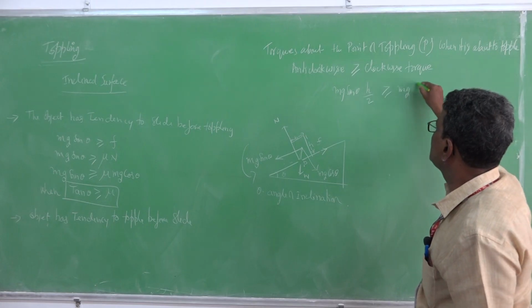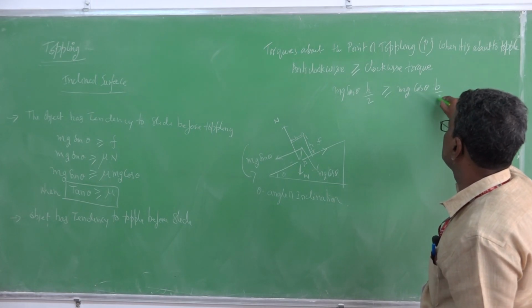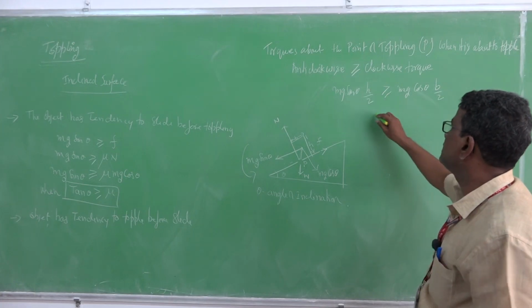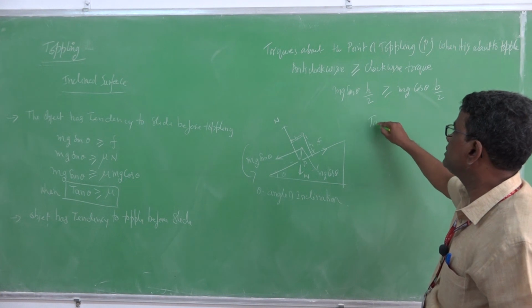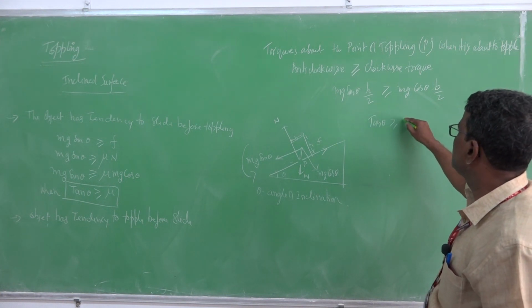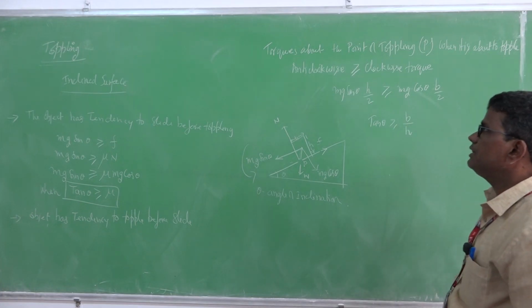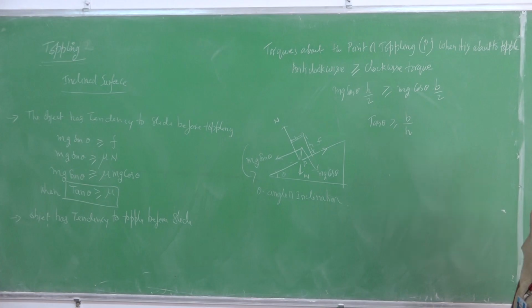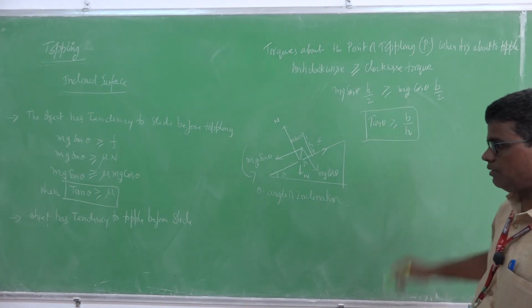The 2 gets cancelled, and tan theta should be greater than or equal to b by h. When this condition is satisfied, the object is about to topple.